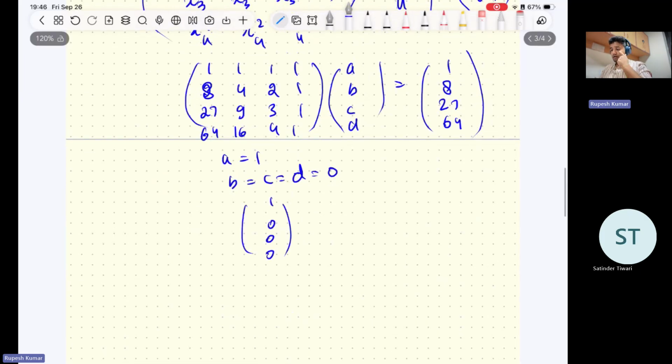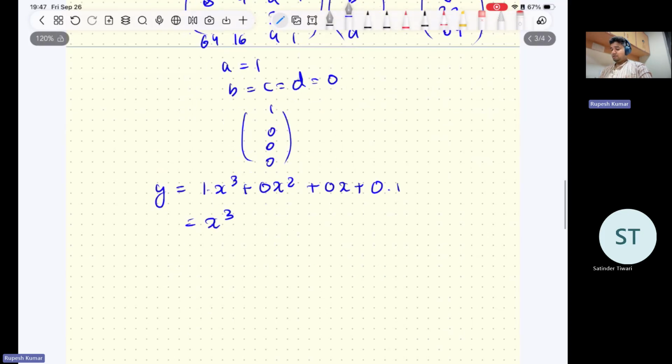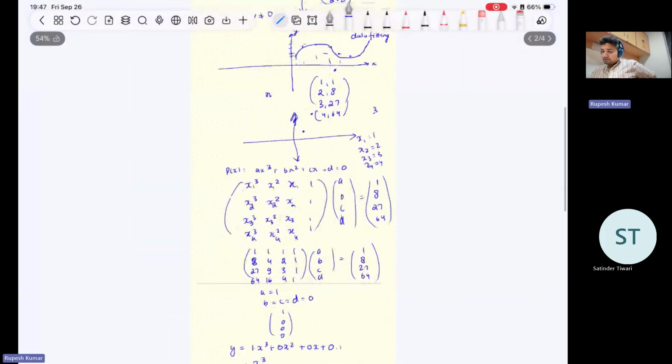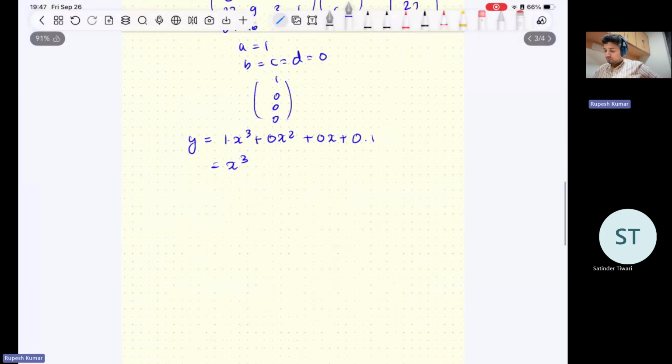Now, can I write the polynomial from here? This gives us y equals 1 times x cubed plus 0 times x squared plus 0 times x plus 0 times 1, which is simply y equals x cubed. Now we got a polynomial that approximates these 4 data points, which is y equals x cubed.